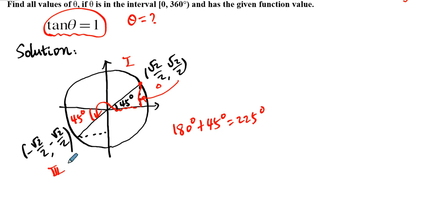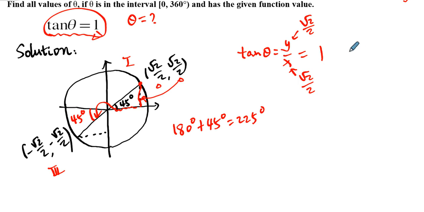Tangent theta is defined as y over x. Apparently, x and y are equal. In this case, we have radical 2 over 2 over radical 2 over 2, so the answer is 1, right here.